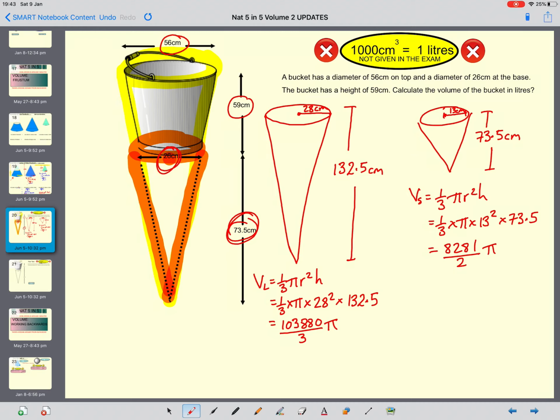And then, if I want to work out the volume of the bucket, which really is a frustum, you're going to take the volume of the larger cone, take away the volume of the smaller cone.